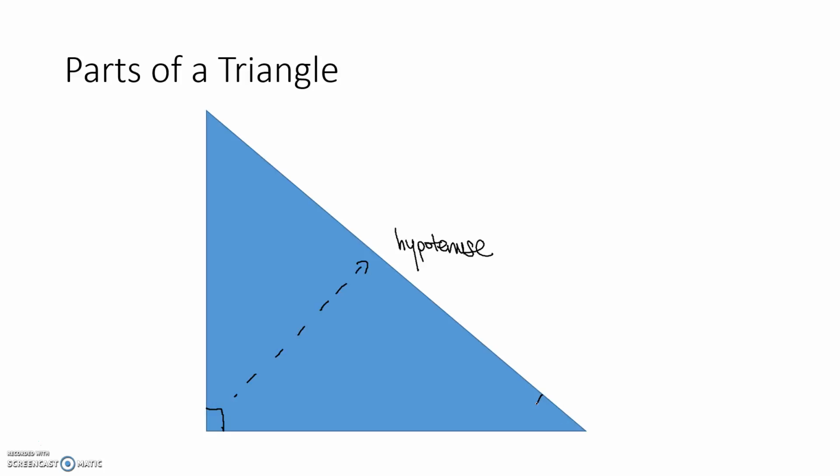Now, if we have an acute angle theta over here, where is the opposite side of theta? Alright, good. The opposite side of theta is over here. If you draw a line, it's across, and then the remaining side is the adjacent side of theta.